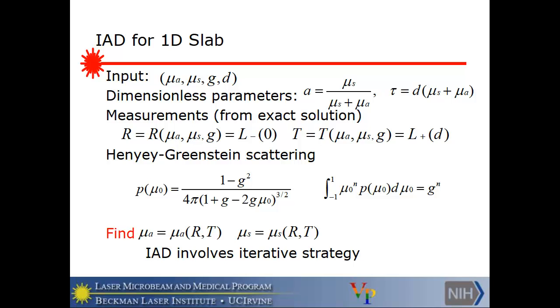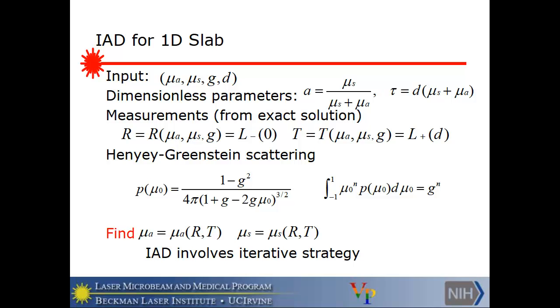And so here's how that iterative method behaves. You input the values of mu A, mu S, G, and D, which you know in the bidirectional case, and you non-dimensionalize these combinations of parameters. So you get an albedo, mu S over mu T, and the characteristic time tau, which is the product of the thickness of the slab and the total attenuation coefficient. So this is the optical thickness of the slab.